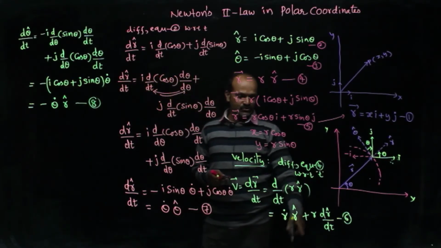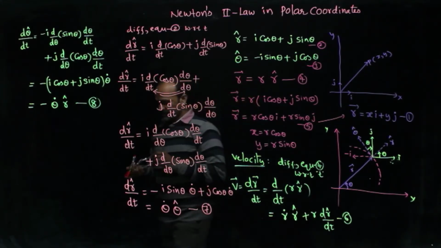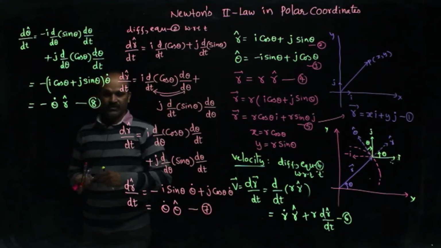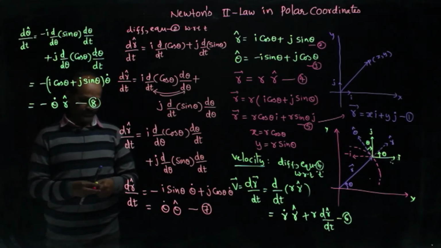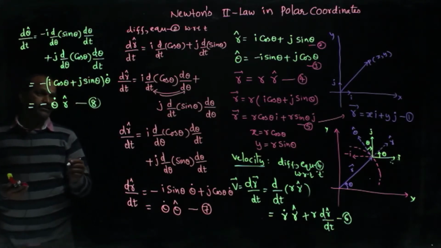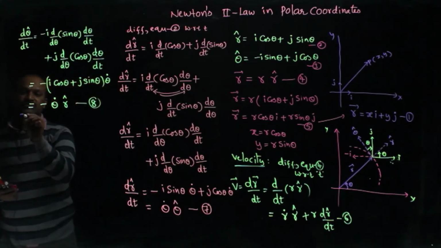Now we'll substitute this dr cap by dt in this equation, substituting equation 7 in equation 6.